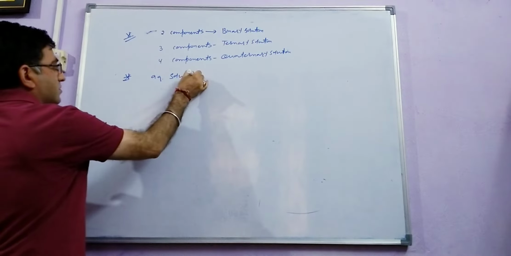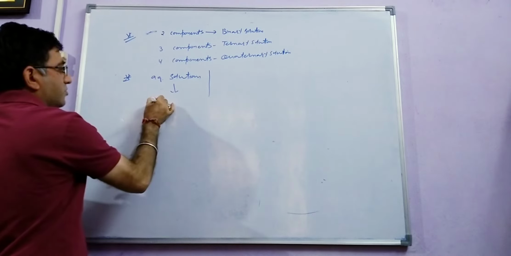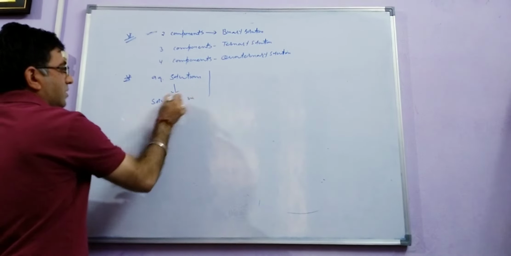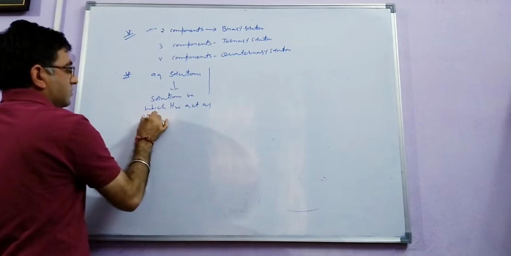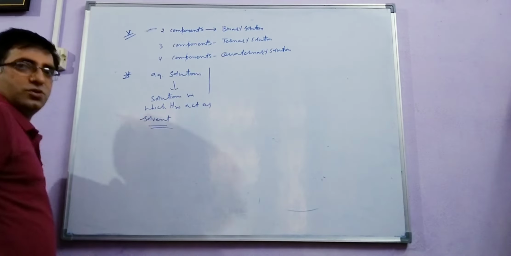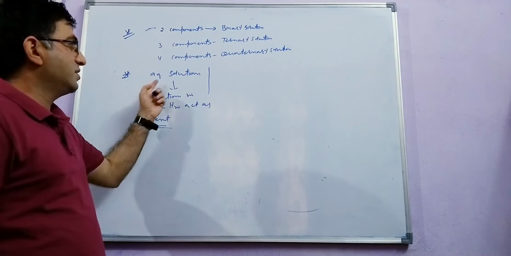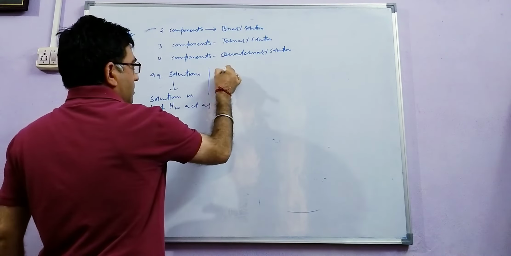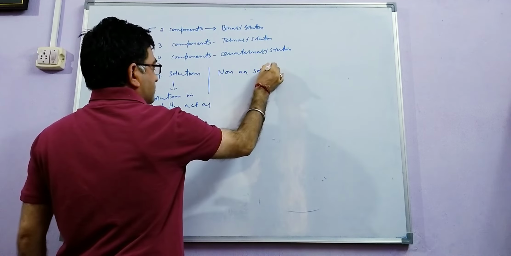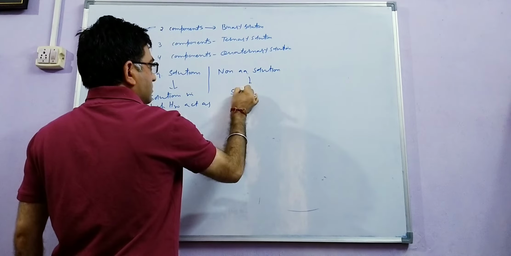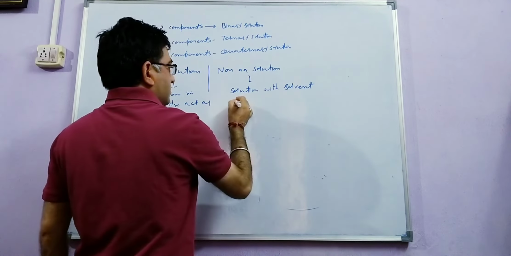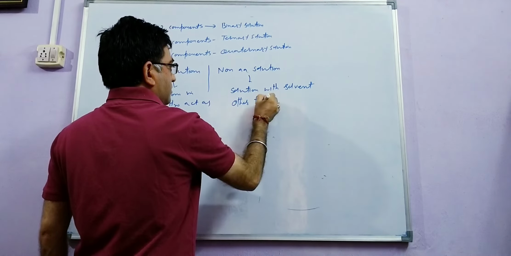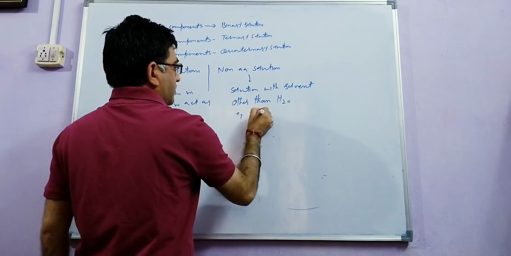Now next is aqueous solutions. Solutions in which water acts as a solvent are called aqueous solutions, and non-aqueous means solutions with a solvent other than water, for example CCl4.